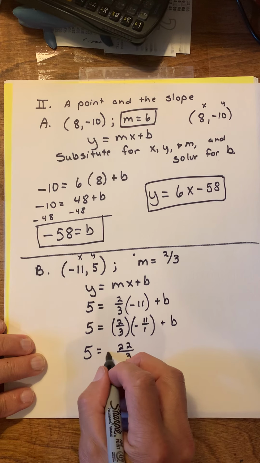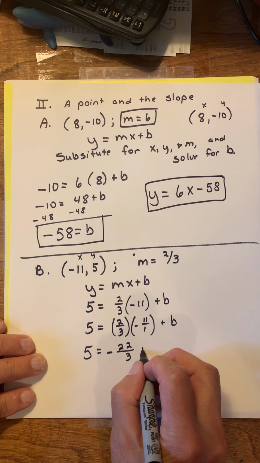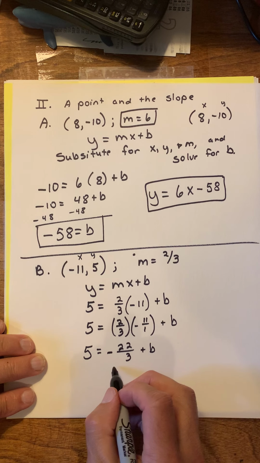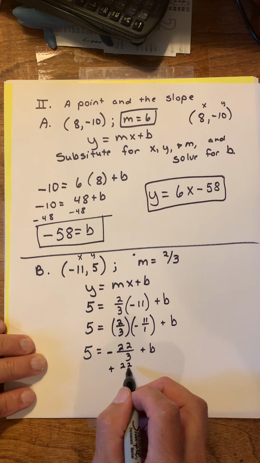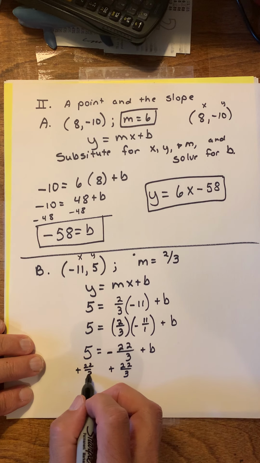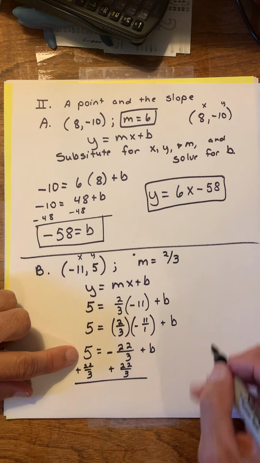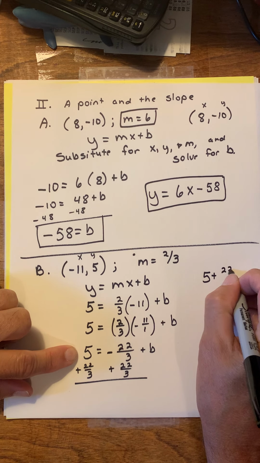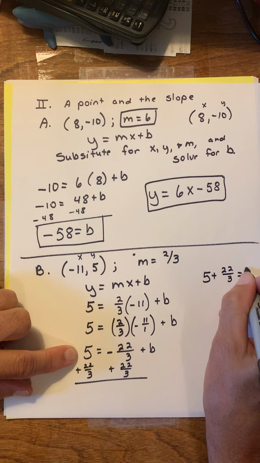Positive times a negative is a negative. Got to get b by myself. So I'm going to add 22/3 to both sides. So I get 5 plus 22/3 equals b.